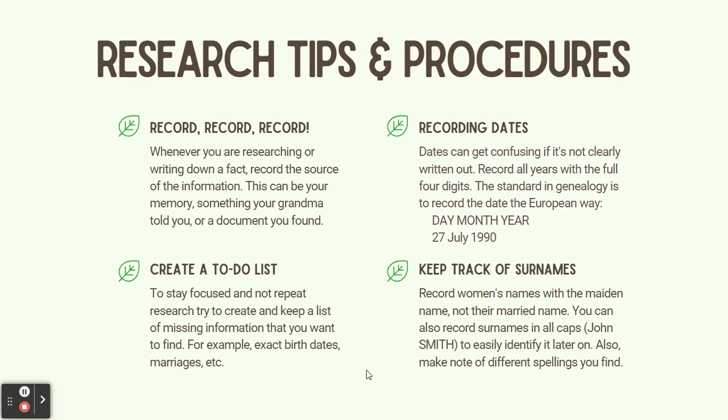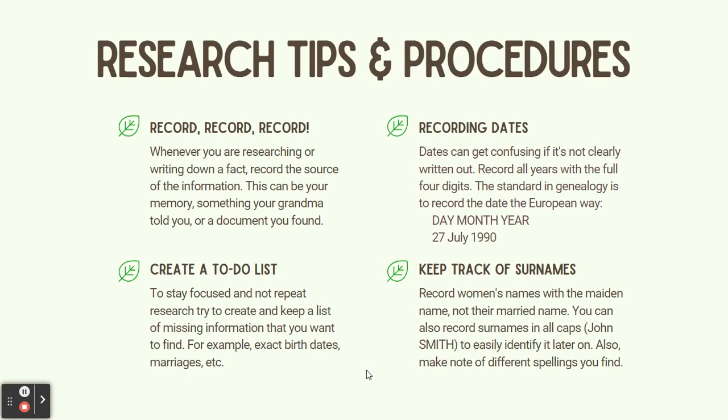And it's also good to keep track of surnames that you find or that you're looking for. One thing to do with maiden names, when you're recording the women in your family tree, you want to record them with their maiden last name, not their married name. Because when you are attaching them to their spouse in the family tree, it's implied that they did take their last name, but to make it easier for yourself, use their maiden name.